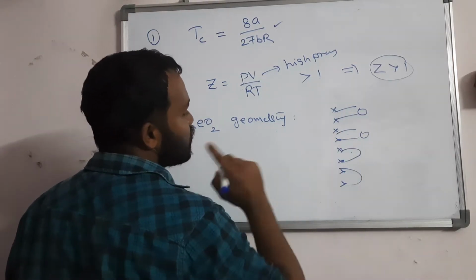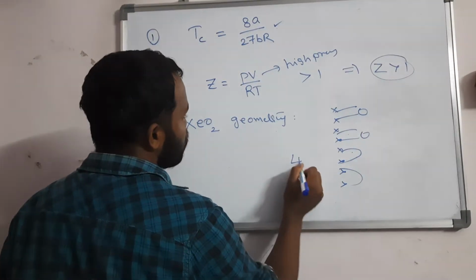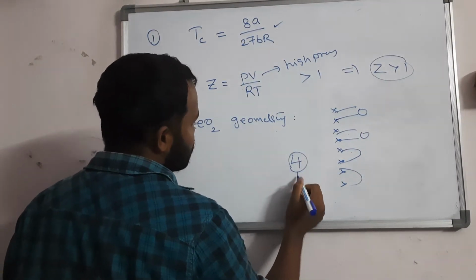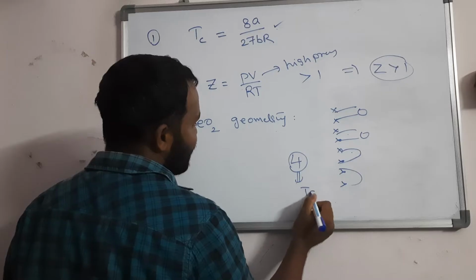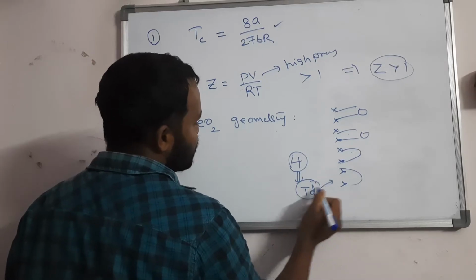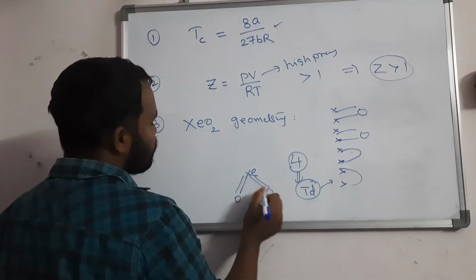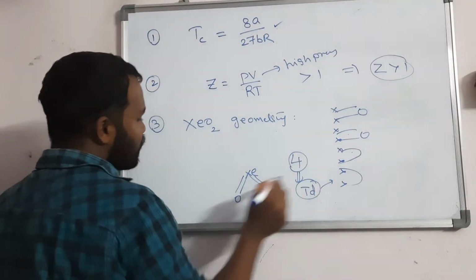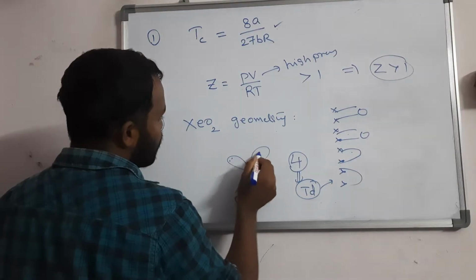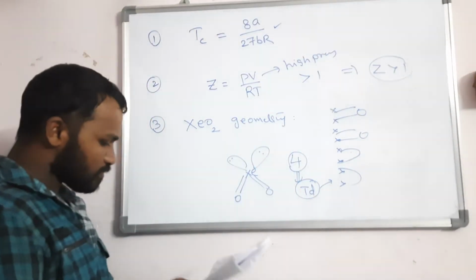So 2 lone pairs and 2 bond pairs, total 4, which is nothing but sp3. sp3 means tetrahedral. Tetrahedral with 2 lone pairs gives an angular shape. It should be angular shape, but that option is not in the options, so hence we can say it is also tetrahedral.